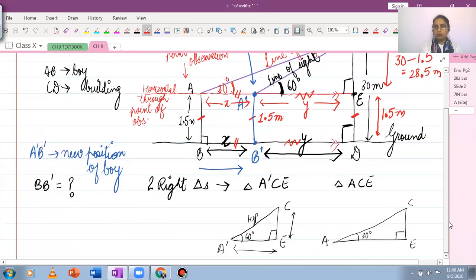So this is what I'm going to show in the picture now. CE, this is 28.5 meters. A dash E is y. AE, this will be x plus y, and this is 28.5. Now you can work with the two triangles and then find out the variables x and y.